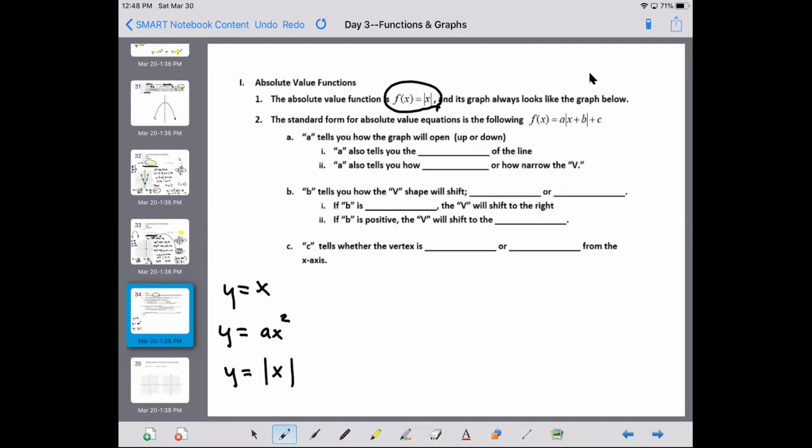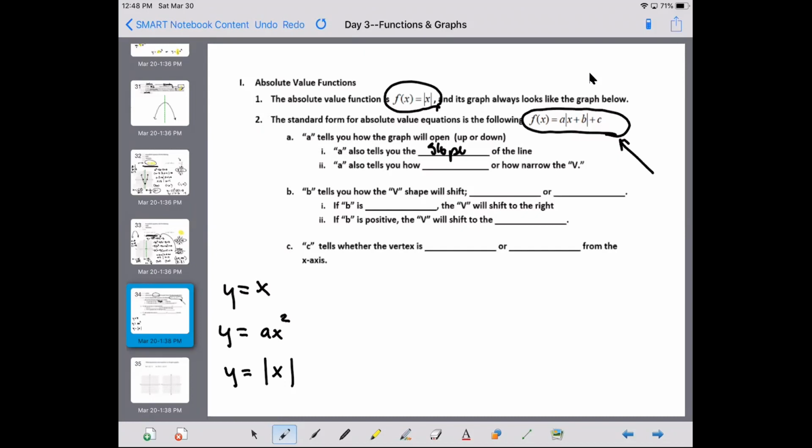Now we can translate it and figure out different transformations by different forms of the parent function. So the standard form for an absolute value equation is what we see right here. So that a value is going to tell you the slope of the line of the V. We're going to see this is going to be a V shape.